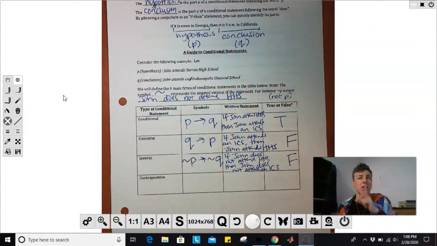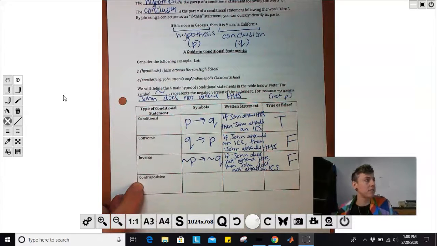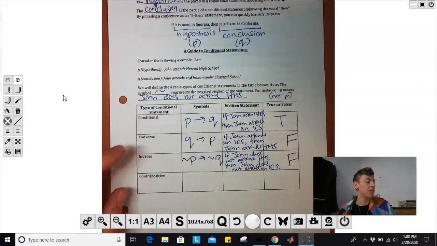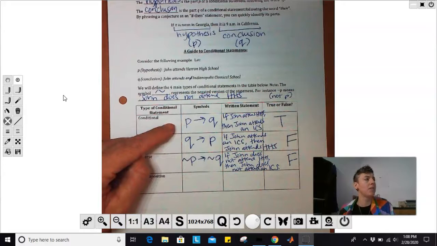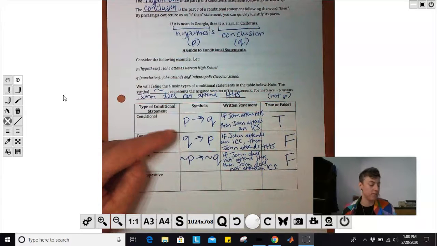And finally, our contrapositive means we're taking our original conditional, flipping it around, and making both parts negative.